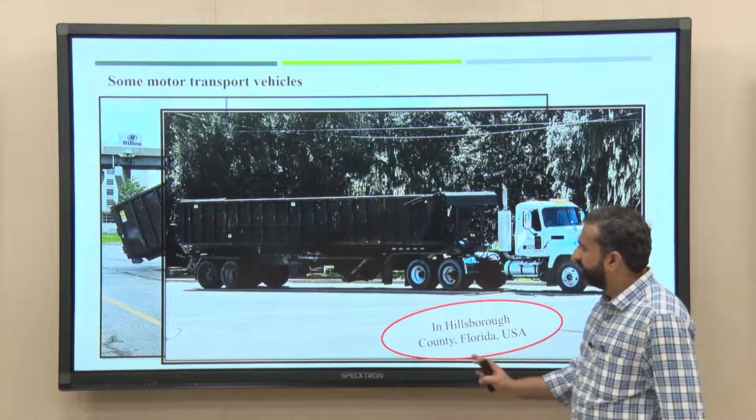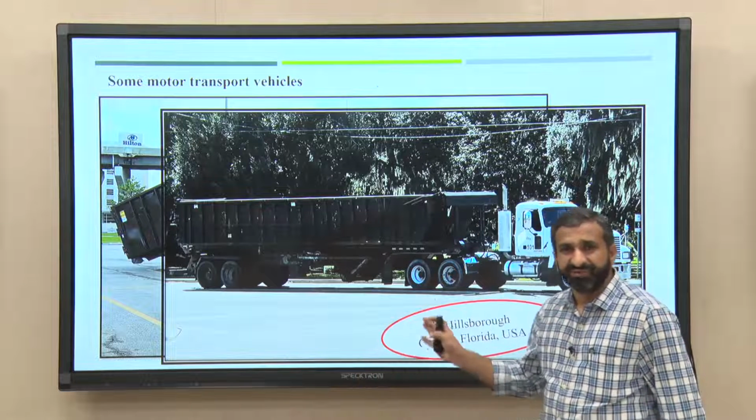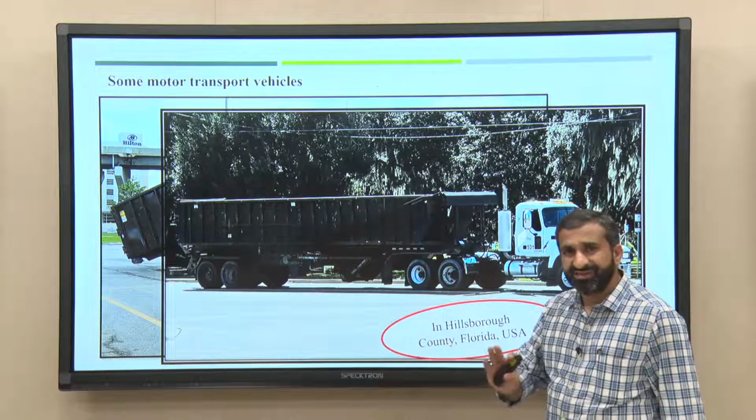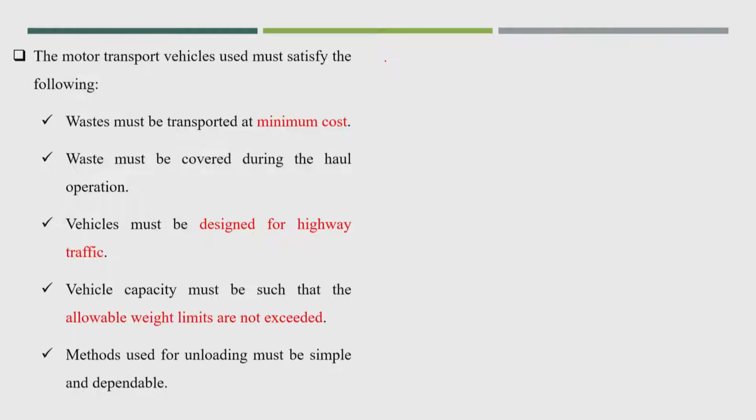This vehicle never comes inside the city, because such a big vehicle traveling inside the city is very difficult.